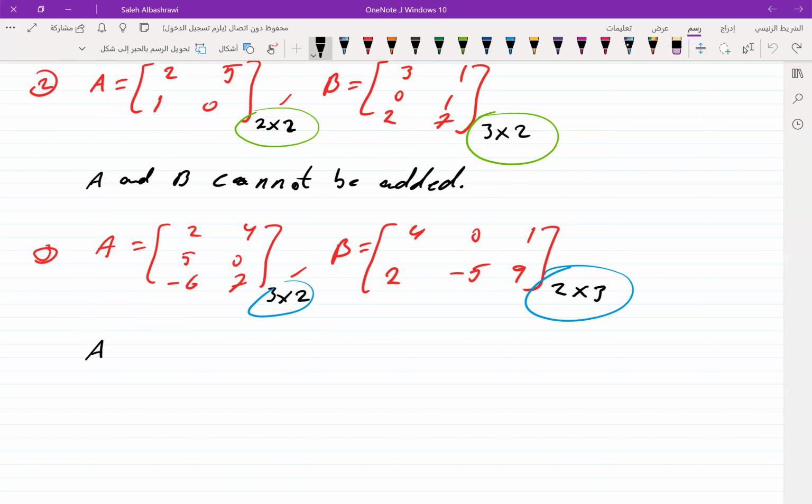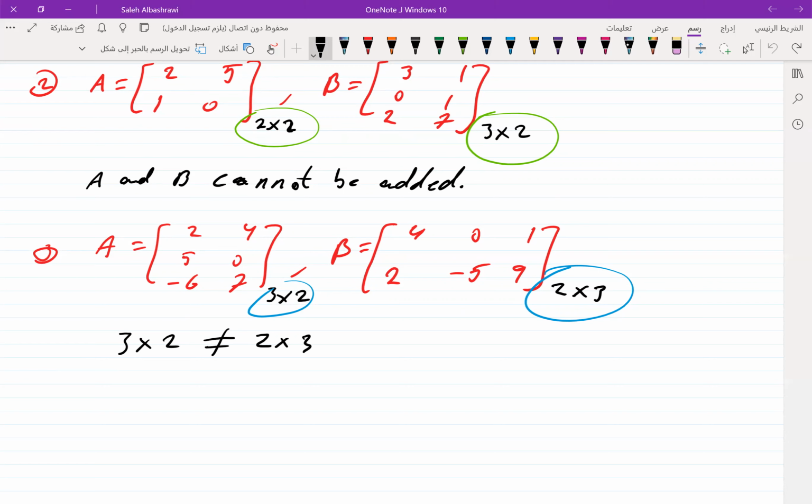Let me say 3 by 2 as a size is not equal to 2 by 3. This is not multiplication of two numbers. This notation is used to state the size of the matrix.